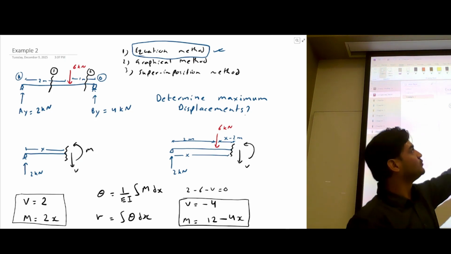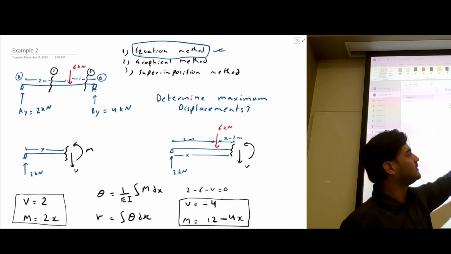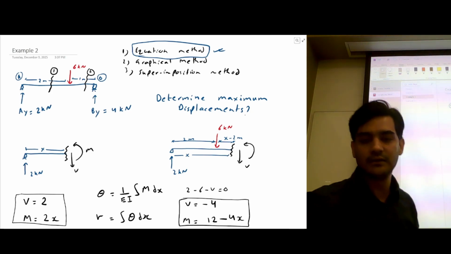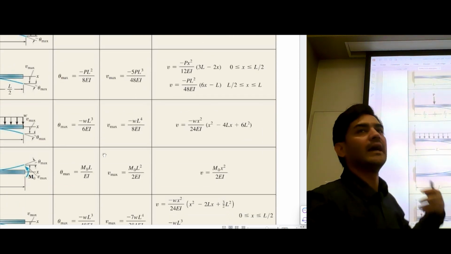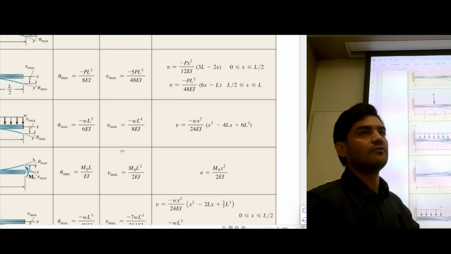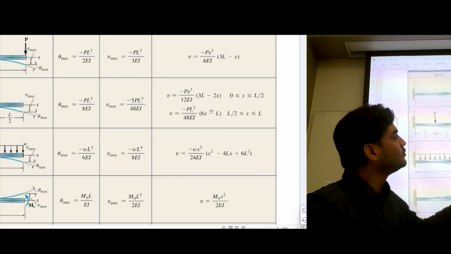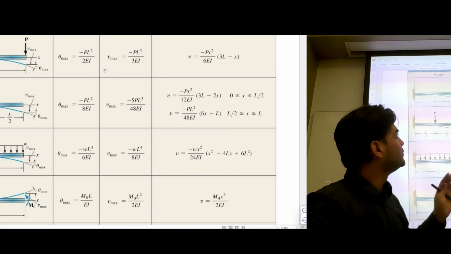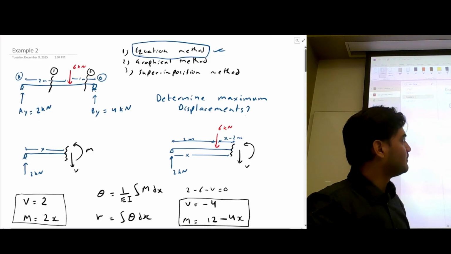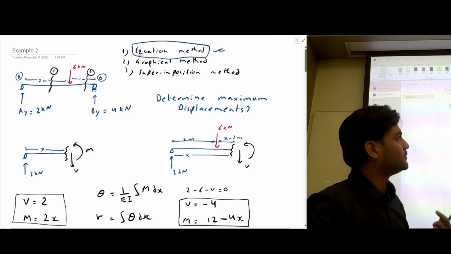We'll use the equation method and graphical method today, and then next time we're gonna use these tables to directly calculate. Instead of formulating the equations, we can just directly use these equations to calculate the displacements. If we use these equations, that method is called the superposition method.